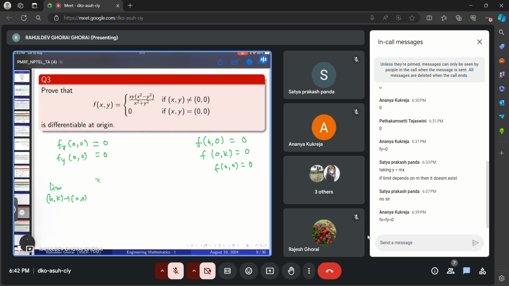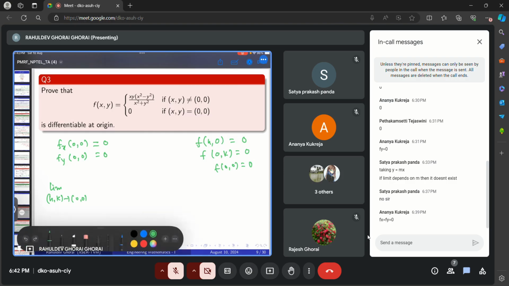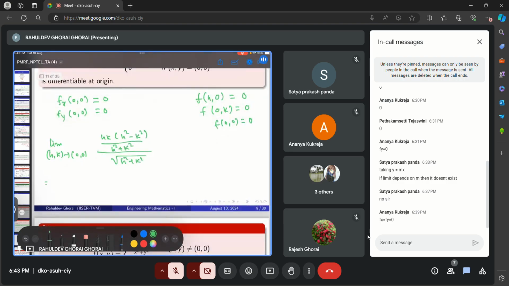So what will happen? The ratio will be, sorry, not xy, hk times h square minus k square over h square plus k square. There is a function value over square root of h square plus k square, right? So now how did you see that this limit exists? So this is equal to the limit as (h, k) tends to (0, 0). Yeah, tell how you saw that.